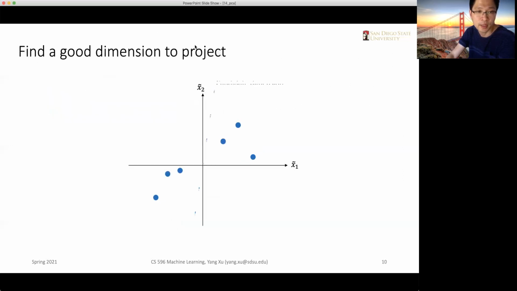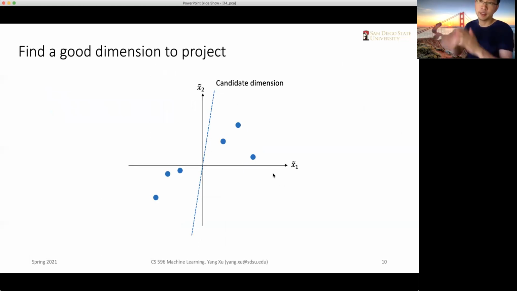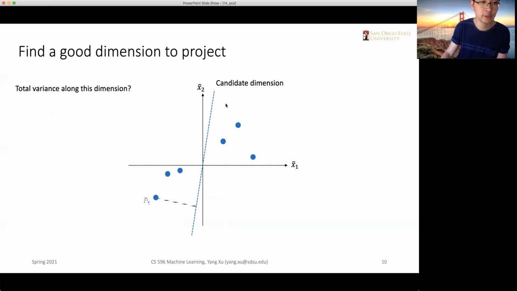So we have the normalized data, and we want to find a direction, which can be a line or a plane, onto which all the data points can be projected. If we have such a candidate dimension, the dashed line, what we can do is project each data point onto that dimension.